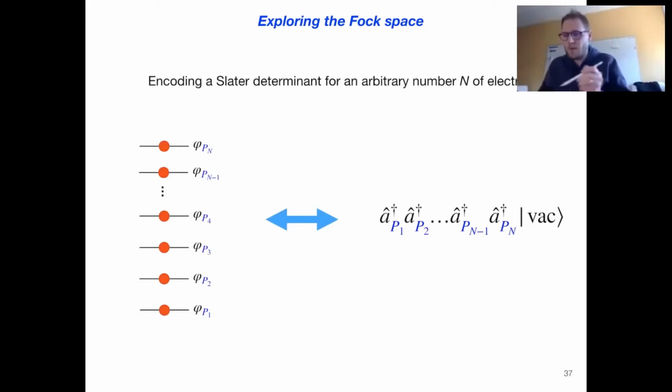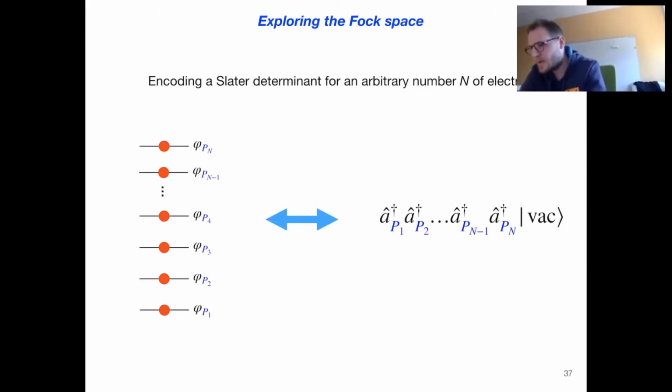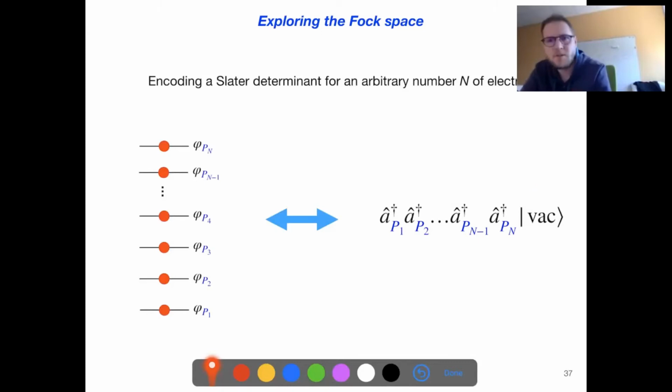For example, let's say you have n spin orbitals, p1, p2, p3, p4, up to pn. You selected these spin orbitals, and now you want to encode the Slater determinant. In the second quantization formalism, the only thing you have to do is start from the vacuum state and multiply these creation operators.